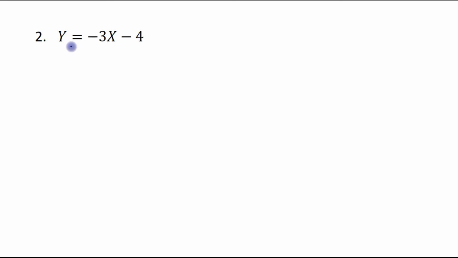And if we have given that y equals -3x minus 4, in this case we have A equals -3, which is less than 0, therefore correlation coefficient will be equal to -1.